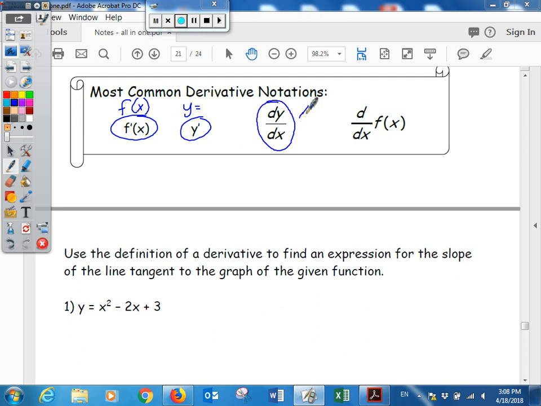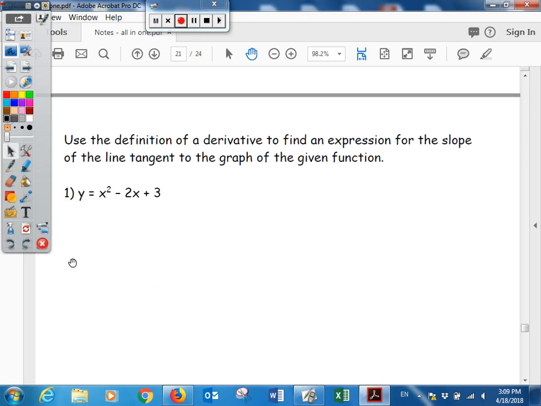That's the difference in the y's over the difference in the x's, which you know is your slope formula. So that's a very common notation. And then this notation here means the derivative of f of x. Those are the most common notations that you will see in calculus when you're talking about derivatives of functions. So just make sure that you're familiar with those. If you see them, you know what they mean.